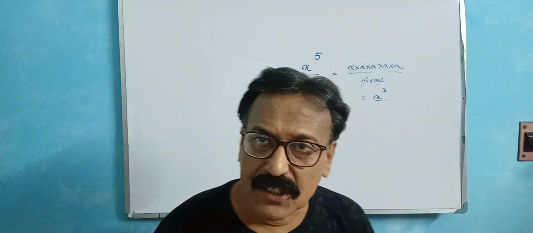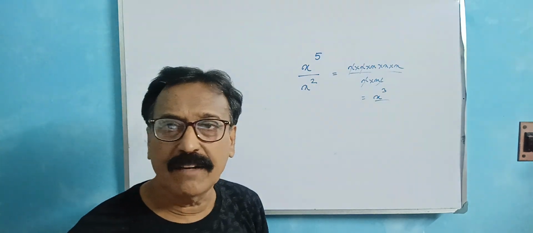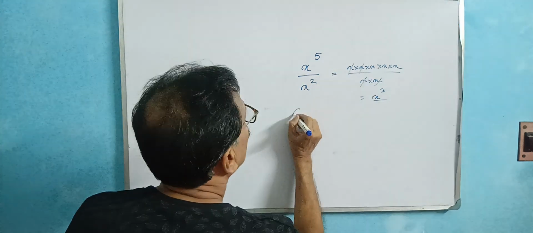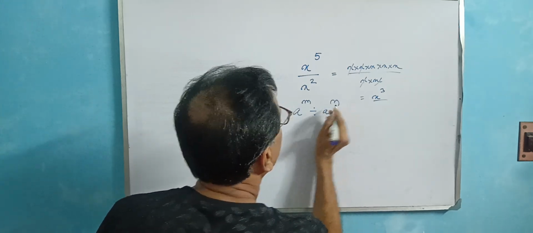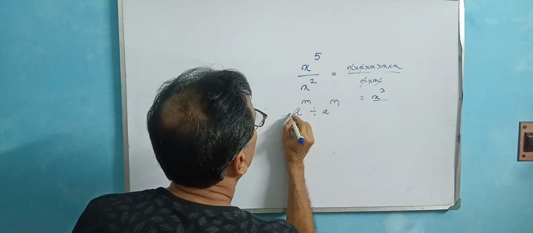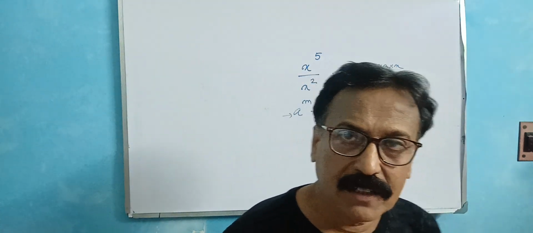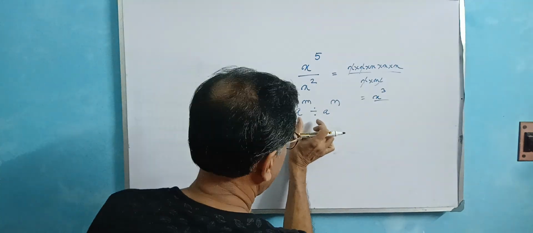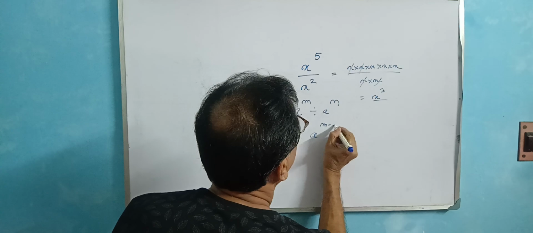Okay. But each and every time you don't do it in this way. The exponential formula is there. A to the power m divided by a to the power n. When the base is the same, this is called the base, the power will be subtracted. When the base remains the same, then the power is subtracted, that means a to the power m minus n.